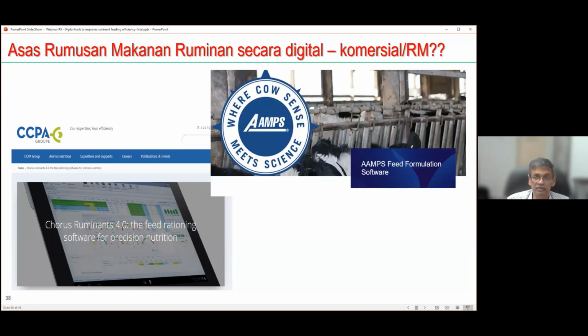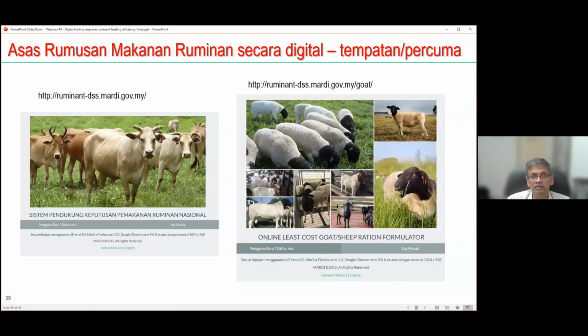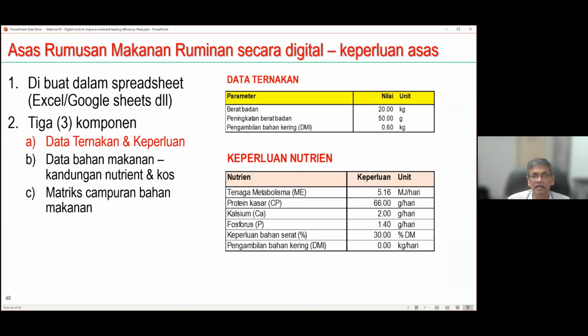So there's no problem adapting dia punya software kita punya environment, tetapi ruminant ni we have to choose. We use a lot of PKE, we use a lot of byproduct, so tak sama. Tapi it involves cost. So of course there are some yang free, saya dah highlight sebelum ni dekat Mardi, so cuma we have to go a bit and learn sedikit lah. Yang saya nak tunjuk is what we can do in a spreadsheet.